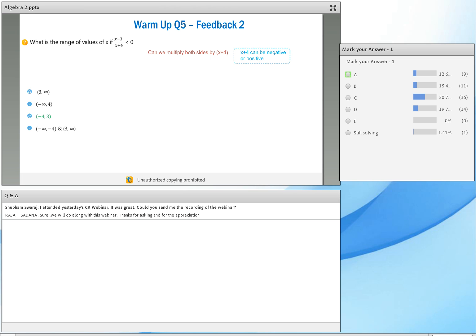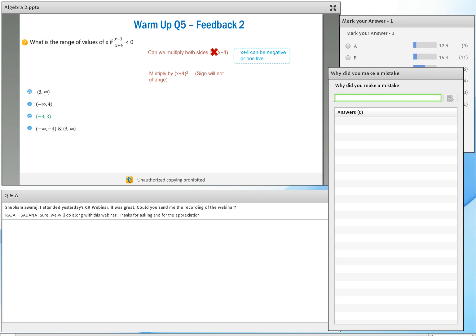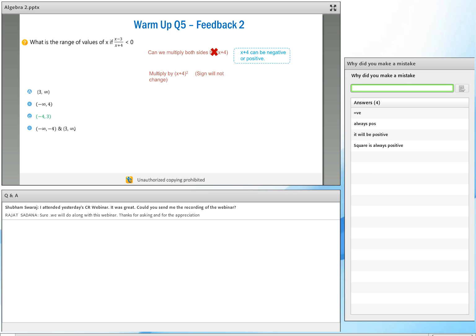But what can we do to remove the denominator? We can actually multiply by x plus 4 whole square. Why can we multiply by a perfect square? Because a perfect square is always positive.